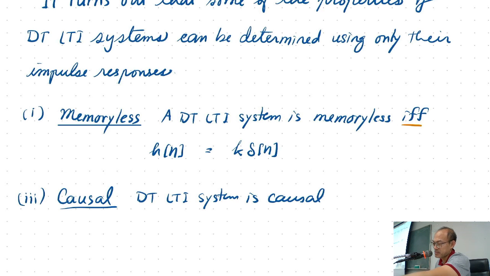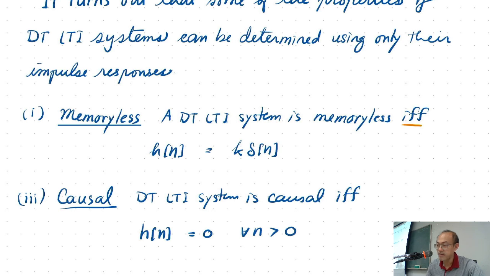It can depend on the present input. It can depend on the past input, but not future input. So this is what a causal means. A discrete time LTI system is causal if and only if the impulse response is zero whenever n is greater than zero.